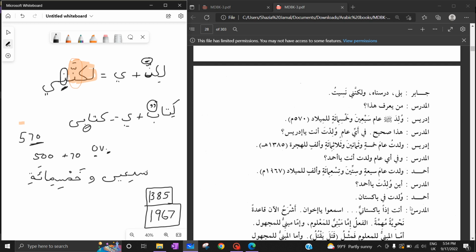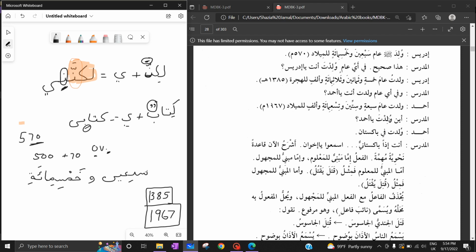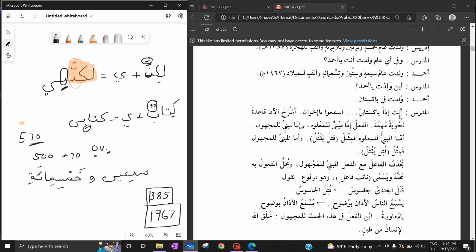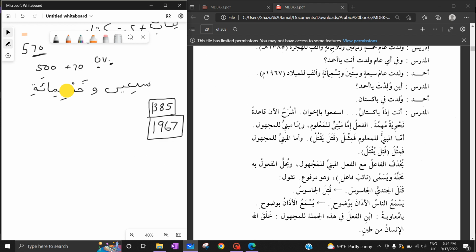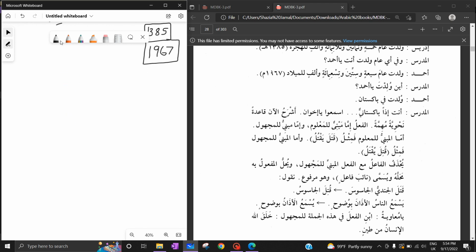I was born in. Now wulidtu and all this is majhul form of verbs. Anta idhan Pakistani, he says, then you are a Pakistani. And Pakistaniyun, why is there a shadda? Because it is a nisba, and I'll explain the rule for nisba here for those who don't know.